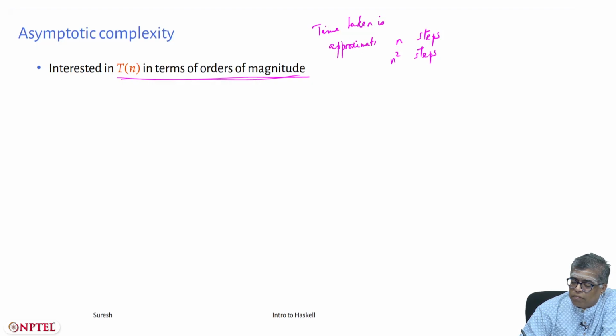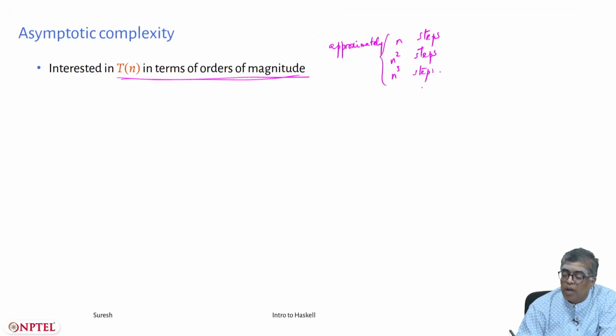Or number of steps, approximately n steps, n squared steps, n cubed steps, etc. These are functions that are easy to understand and perhaps even visualize.